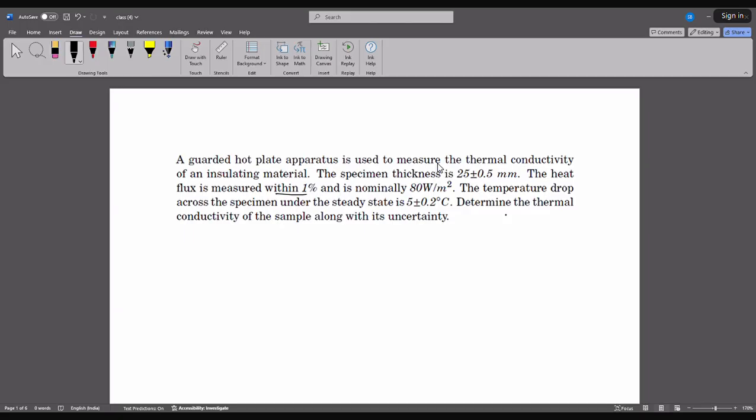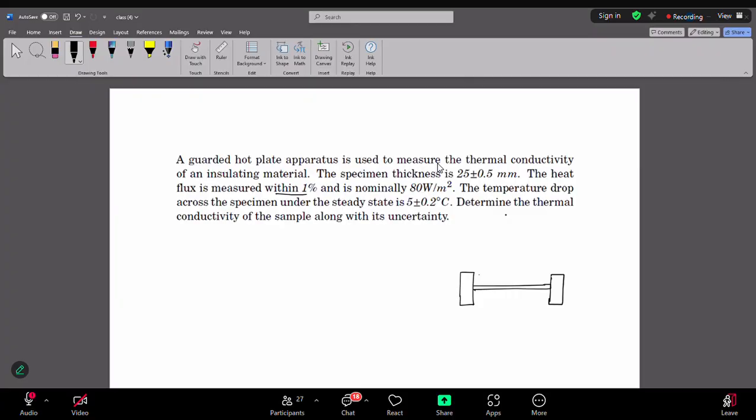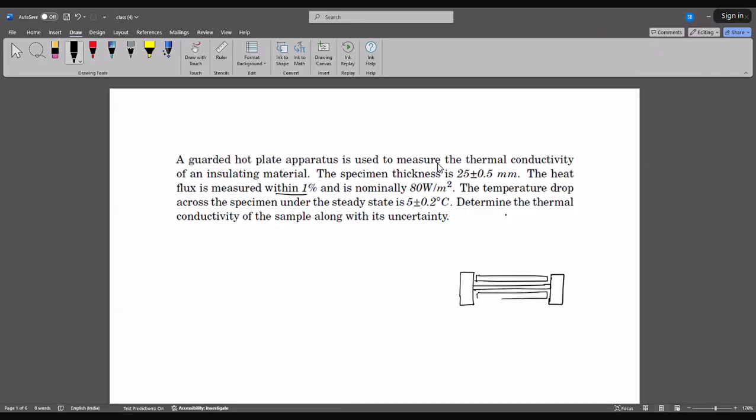So this guarded plate apparatus, I would just briefly describe. It is basically having a heater at the middle. And the sample is here. The samples are placed on both sides. So these are the samples, and this is the heater.